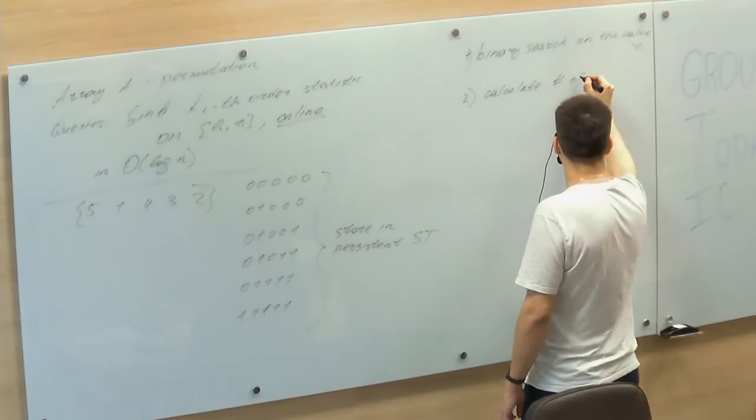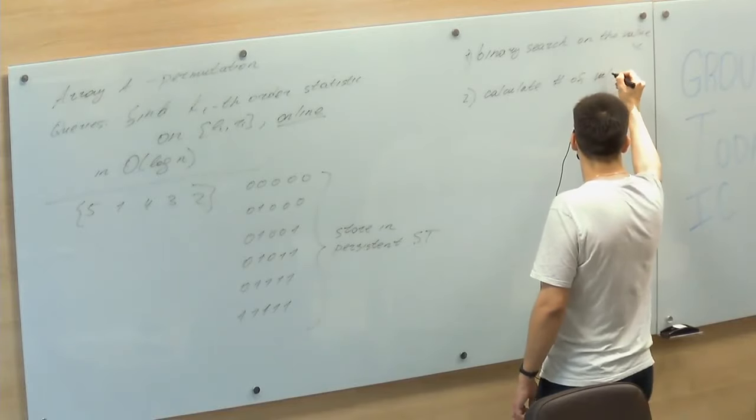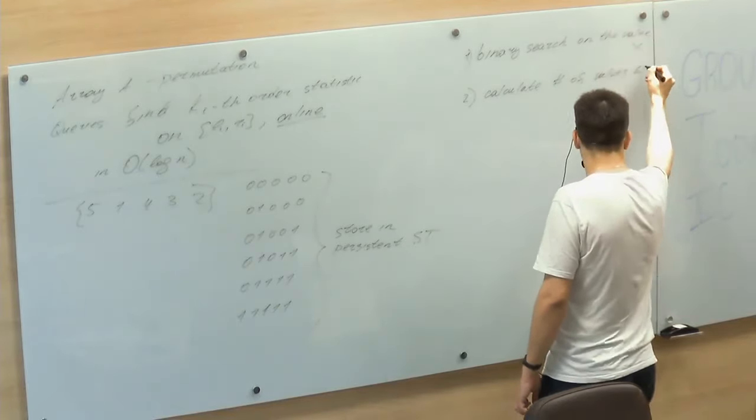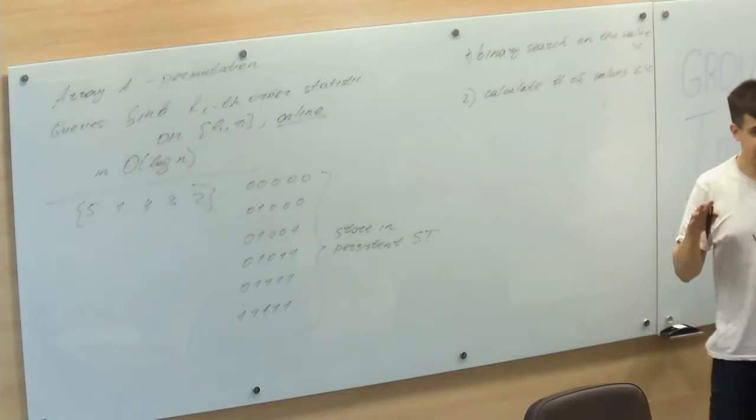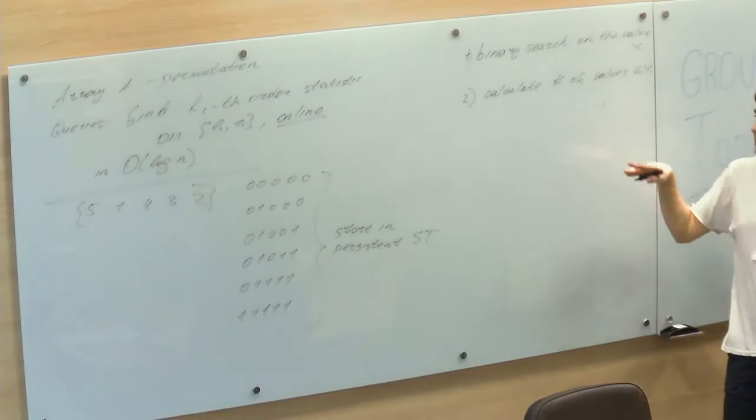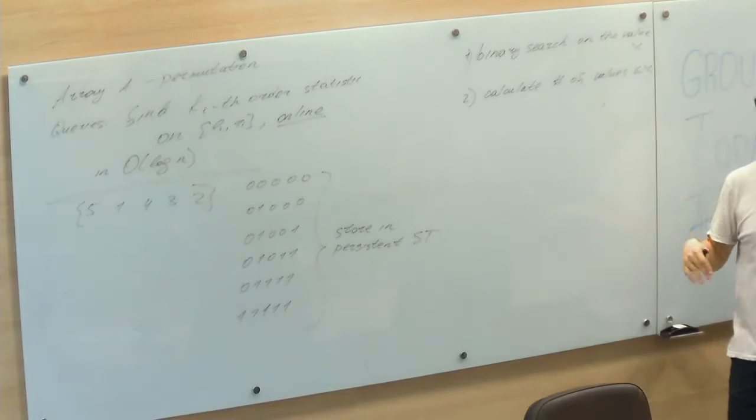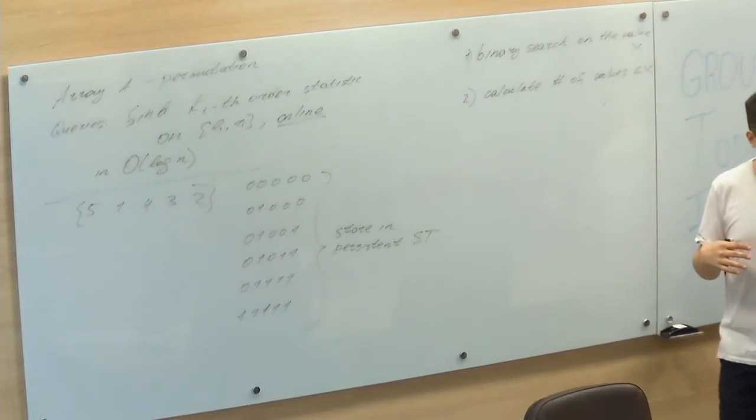If it's at least k, then this means that this x was too large, and if it's less than k, then this x was too small.